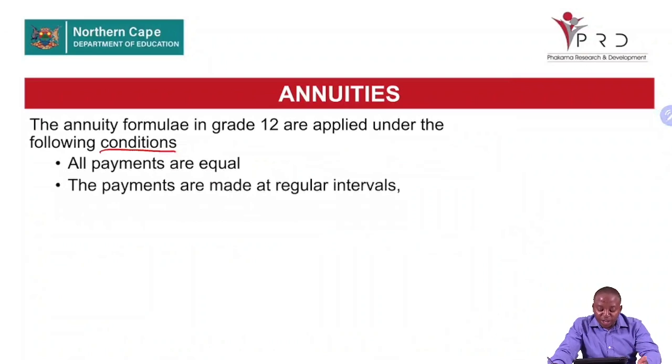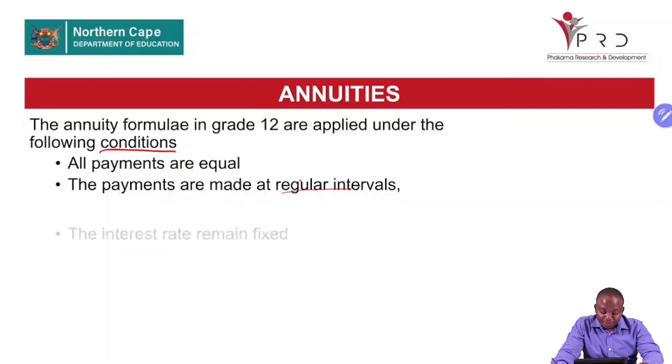There must be a certain regular interval. If you are compounded monthly, you will put it in monthly. Where payments are not at regular intervals, we'll discuss this in our next lesson, on deferred annuities.